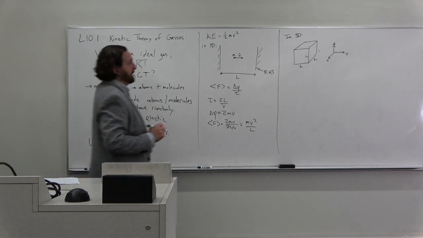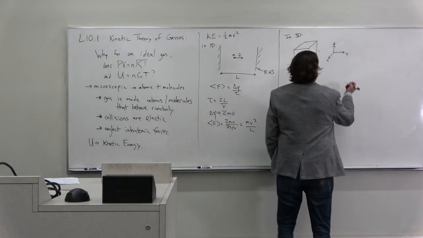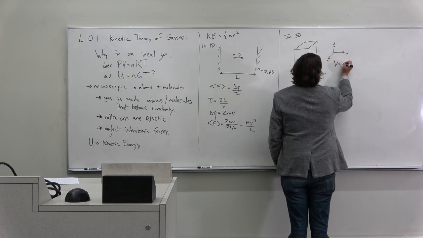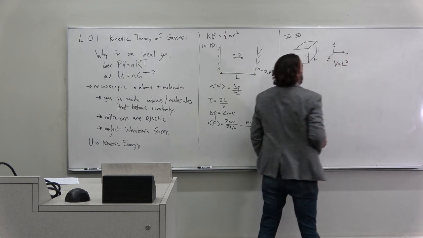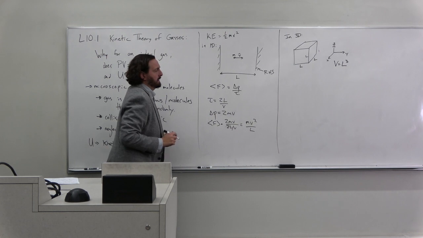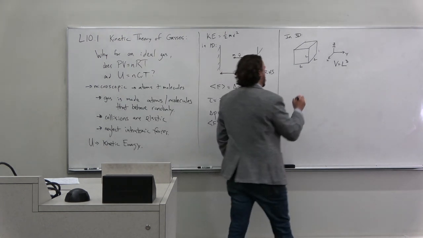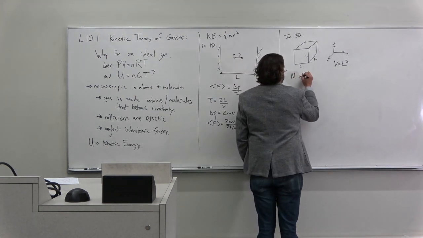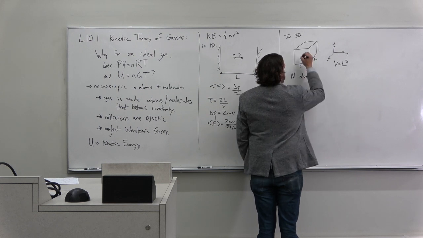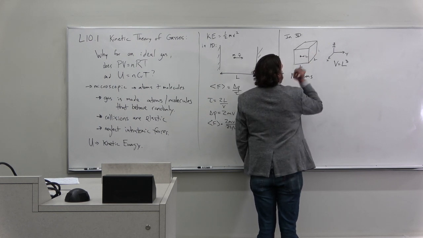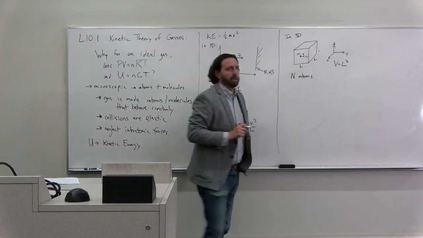All right, couple of notes. First, the volume is going to go like L cubed, of course. And we're eventually going to put N atoms in it. But let's start by putting a single atom or molecule in it with mass m and give it a velocity v.